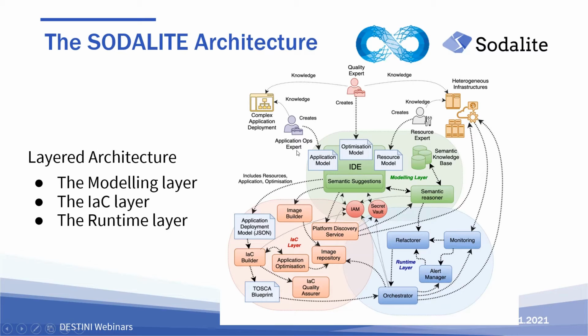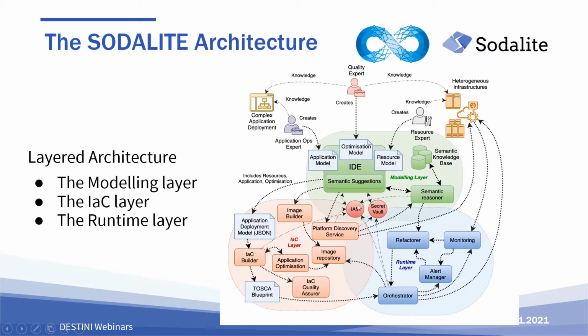Then the deployment engineer who is going to deploy the application can use this information from the knowledge base to create the deployment model needed for the application. Once the deployment model is created via the IDE, the deployment engineer can simply deploy the application over heterogeneous infrastructures.